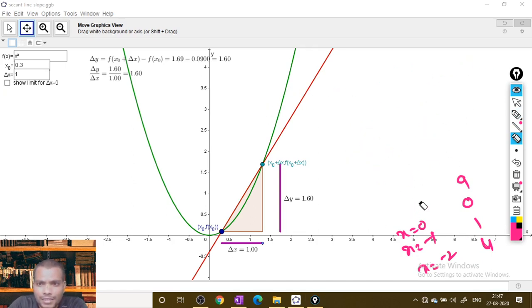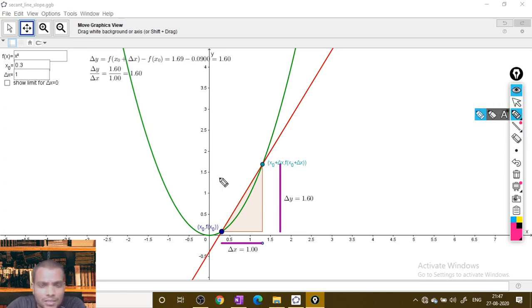Now in this x square function, if I take any 2 points, we need to calculate the slope. Since it's a mathematical function, I don't call this velocity. Right now I will call it slope or gradient. For the slope formula, first we take any 2 points.